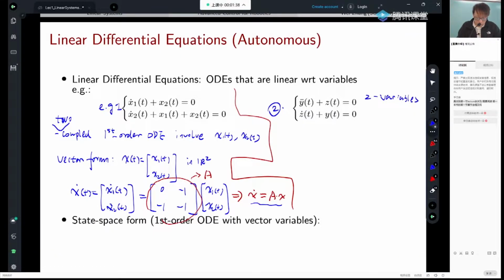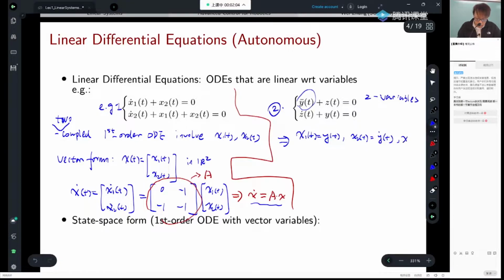For y you have a second order derivative, and for z a first order derivative. We don't like high order derivatives; we want to make sure everything is first order. So we define x1 of t equal to y of t, x2 of t equal to the derivative of y of t, and x3 of t equal to z of t.